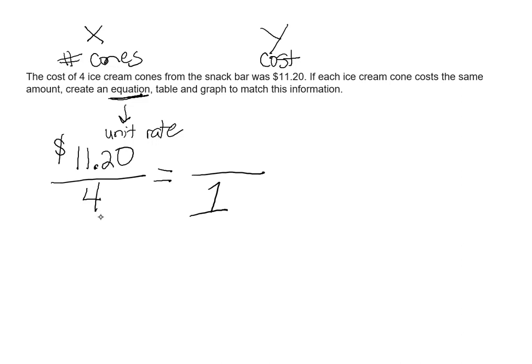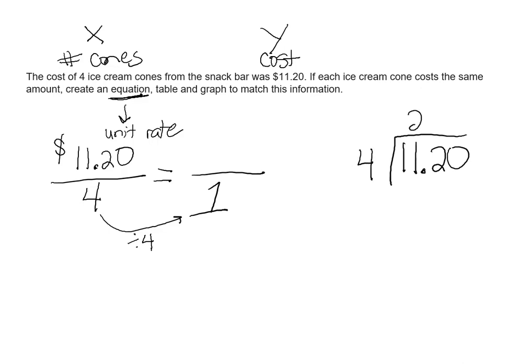Since I have to divide by 4 to get my denominator to be 1, I'm going to divide my numerator by 4. 4 times 2 is 8. Subtract 8 from 11, and I get 3. Bring my decimal up. Bring down the next digit. 4 times 8 is 32.